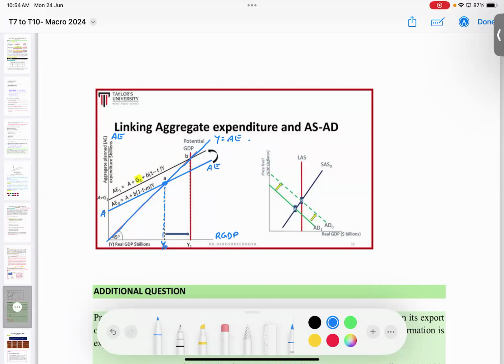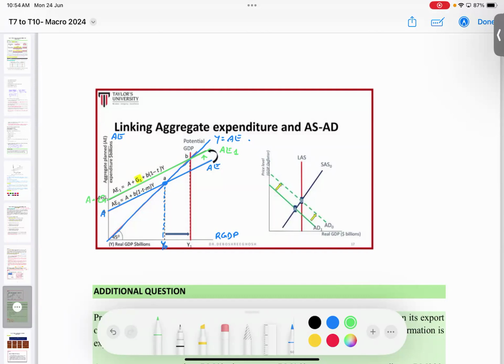Now, expansionary fiscal policy, an injection comes in from government, and shifts the aggregate expenditure upwards to here, the green one. Now the injection has government spending involved: the initial autonomous expenditure plus the government spending. So it shifts upwards.